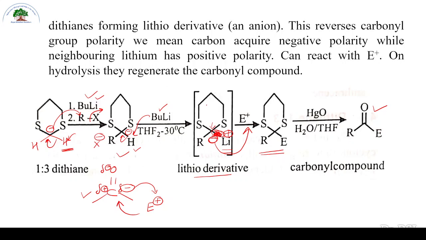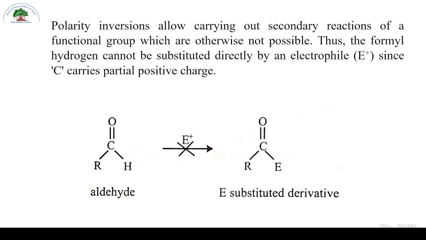So the first step is abstraction of the proton and generation of the carbanion. The second step is attack on the new electrophile, and in the last step, hydrolysis with the help of HgO, H2O, THF, and finally generation of the carbonyl compound. But that is a substituted carbonyl compound. So polarity inversion allows carrying out secondary reactions of functional groups which are otherwise not possible.